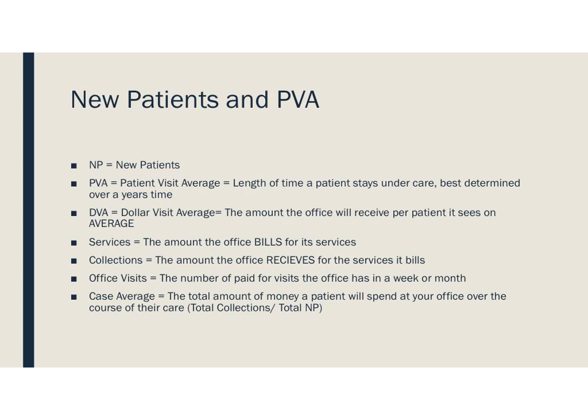And we talked last quarter about the spinal workshop, and the spinal workshop is the primary driver of a high PVA practice. We have a DVA, which is a dollar visit average, the amount the office received per patient on average. Services are what we did and we billed for.